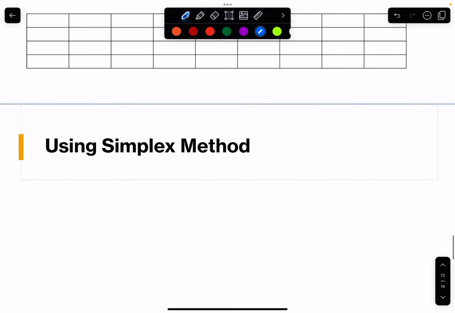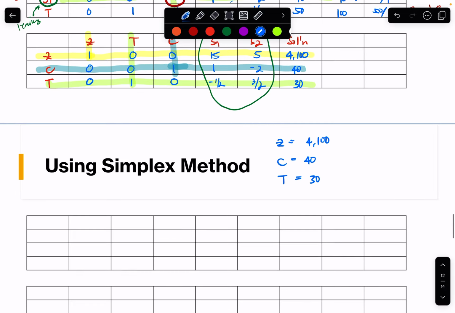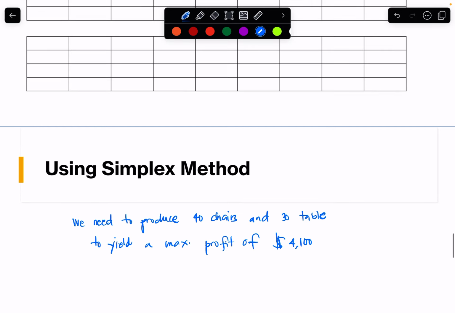So as you can see here, we need to produce 40 chairs and 30 tables to yield a maximum profit of $4,100.